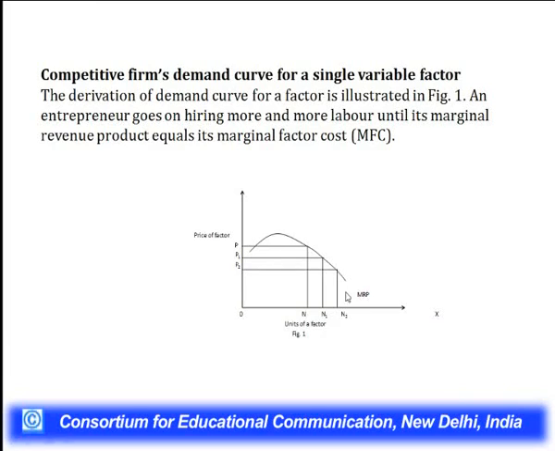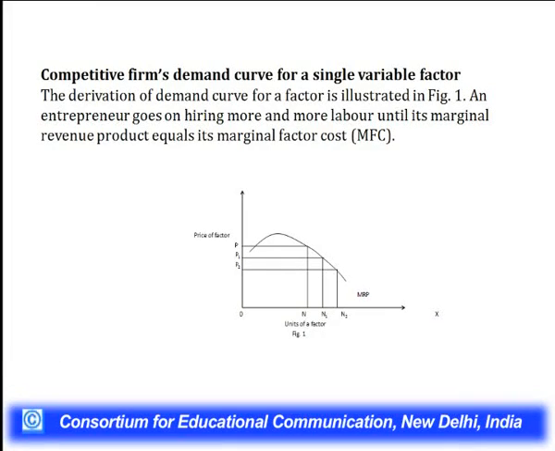Thus you see that the downward sloping part of the MRP curve is the demand curve for a factor when only one factor is variable but other factors are kept constant, and there is a negative relationship between wage rate and employment. Higher the wage rate, lower the employment; lower the wage rate, higher the employment.